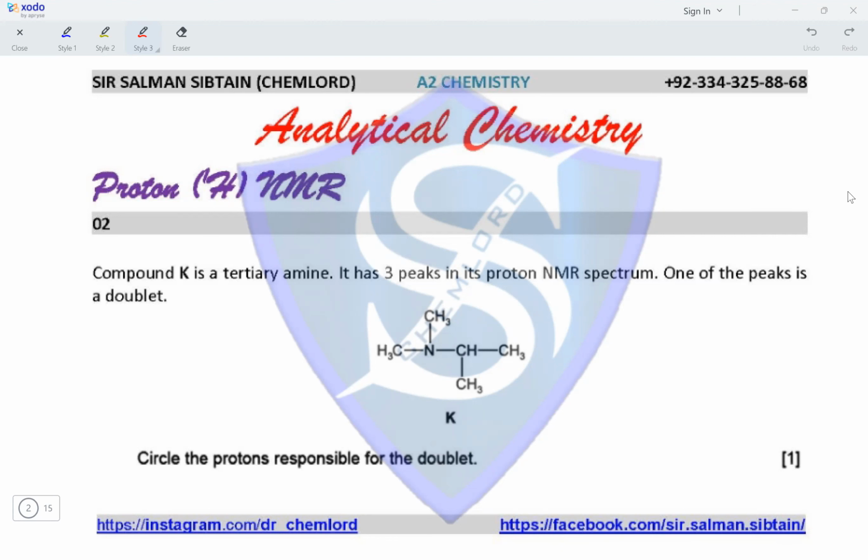So accordingly, because there is a single hydrogen atom present in the adjacent environment, the peak for both the CH3 groups would be a doublet. So we need to circle the protons responsible for the doublet. So that would be this CH3 group along with this CH3 group because they both have the same environment. So they will both have the same doublet peak.